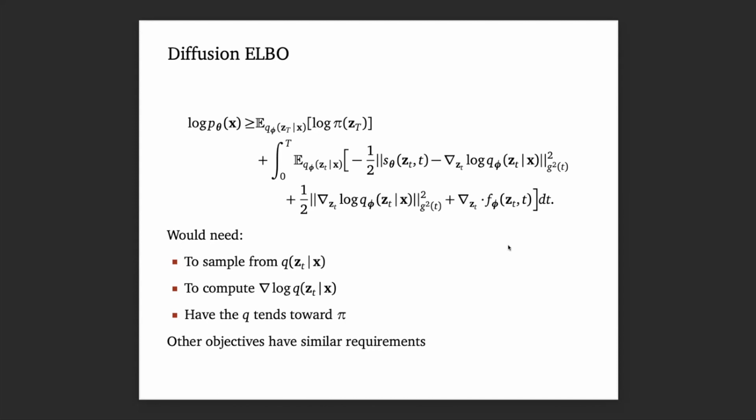And you'd also want to have the approximation tend towards pi. We want the stochastic process that we choose for inference to have a stationary distribution that looks like what we're going to start with from the model. And if we look at other objectives, if you looked at score matching, you basically have similar requirements on what you need to compute.